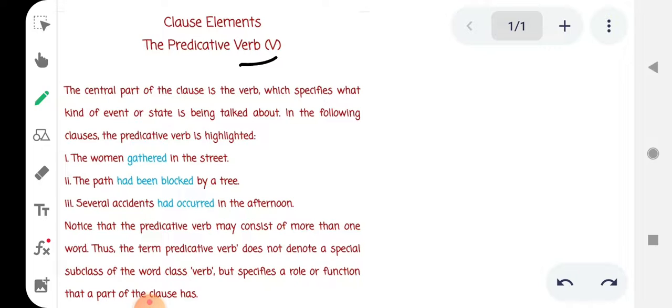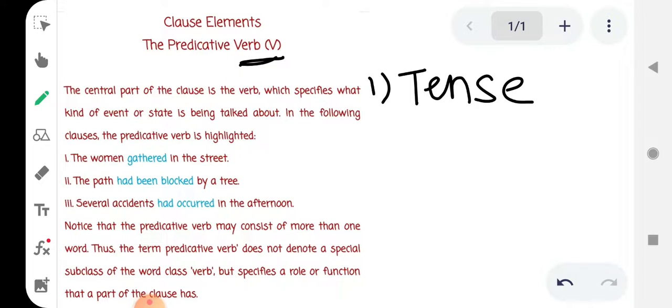What are the principal three things? Number one, it tells us about the tense. Subject doesn't tell us about the tense. Which tense the sentence is in is denoted by the verb only.